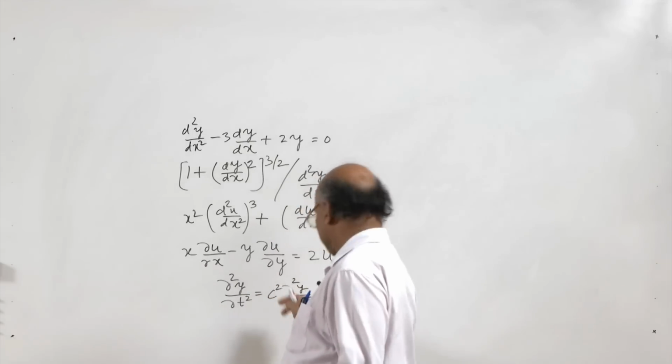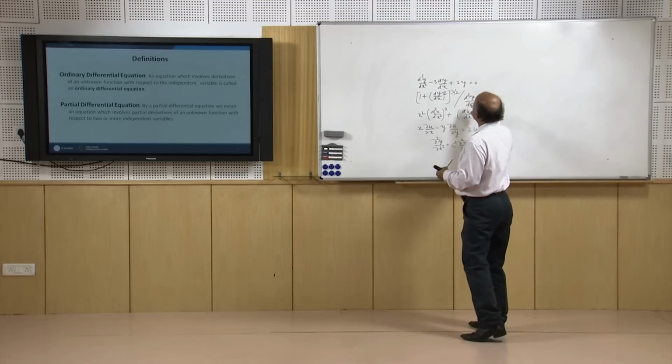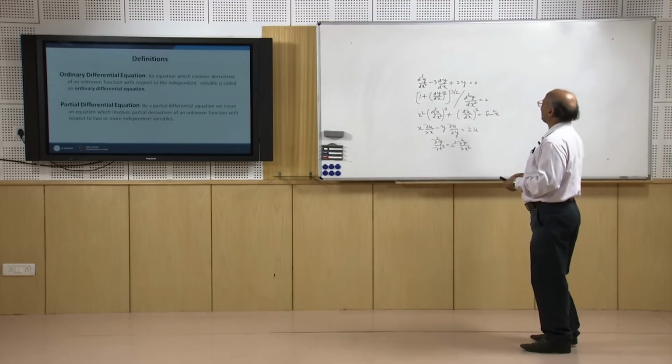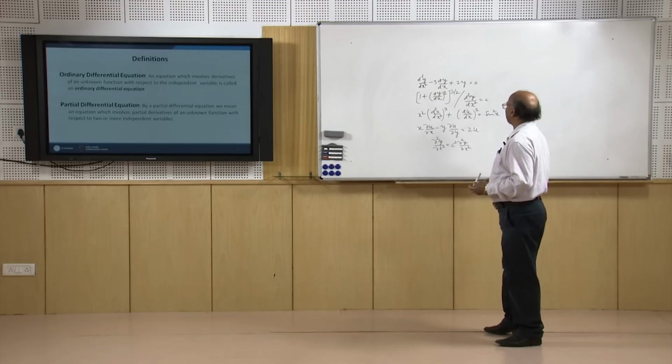So, these two are partial differential equations. So, the first three equations are examples of ordinary differential equations, while the next two are examples of partial differential equations.